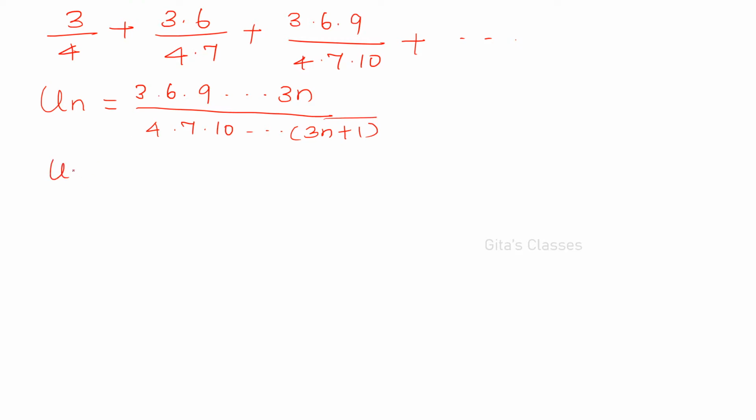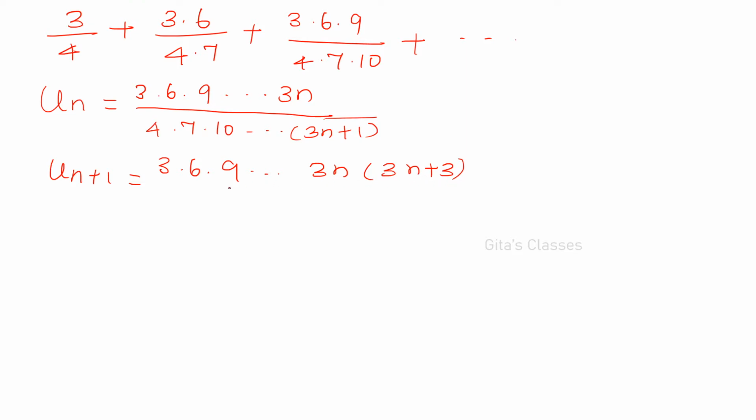What is un plus 1? Already I have explained in the first ratio test itself. You have to write un and one more term will be added in that, right? So 3 into 6 into 9 into etc. 3n into 3n plus 1. So 3n plus 3. Actually, to add the next term, you replace n by n plus 1 in this 3n. So 3 into n plus 1.